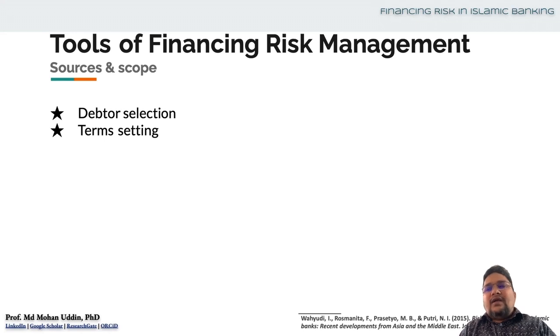And on top of that, strict terms and conditions are also a kind of screening of the customer, because normally if the terms are very strict, then the customer might not take the loan and you can get a safer customer very soon. Okay, so this is another tool.